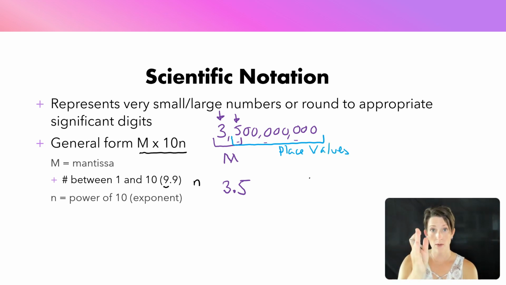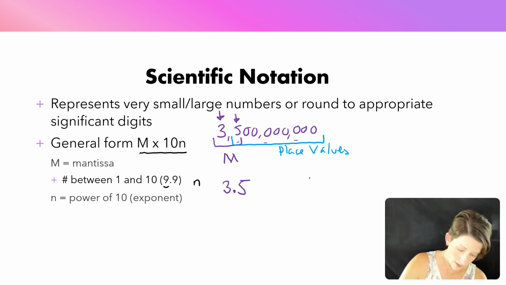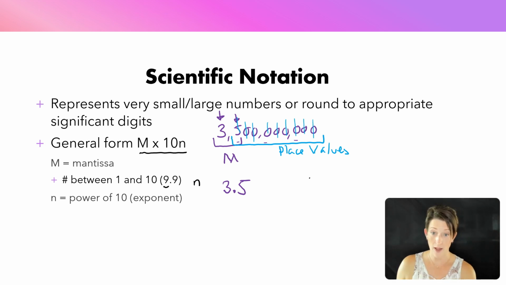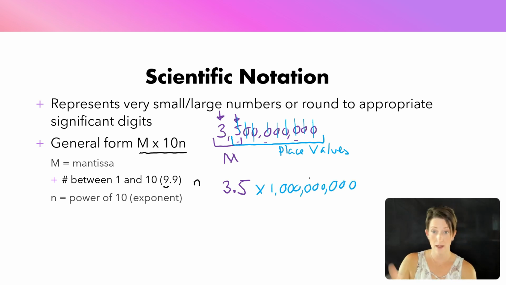Each place value is a change of 10. So when we look at this, we have 1, 2, 3, 4, 5, 6, 7, 8, 9 place values. We're going to have 1, 2, 3, 4, 5, 6, 7, 8, 9 essentially of those place values which we want to represent. That again is tedious.